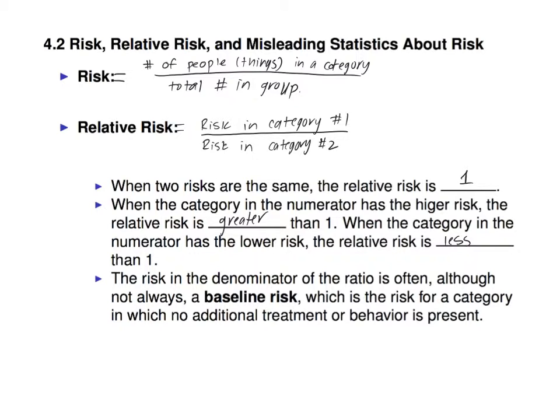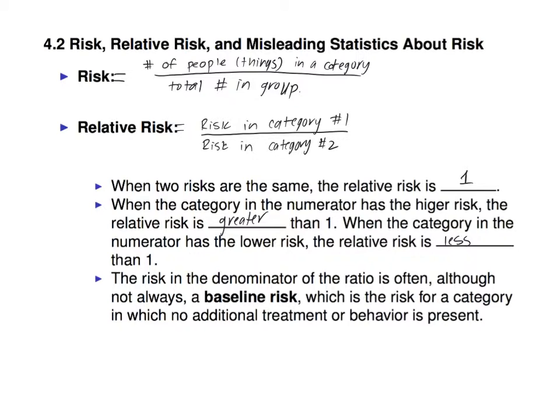Okay. And often, the risk in the denominator is sometimes called the baseline risk, which is the risk for a category in which no treatment or behavior is present. So, for example, it might be your risk of getting a headache while taking a drug versus your risk of getting a headache from life. Does that make sense? Like, life tends to give you headaches too, right? So it's all the time, right?